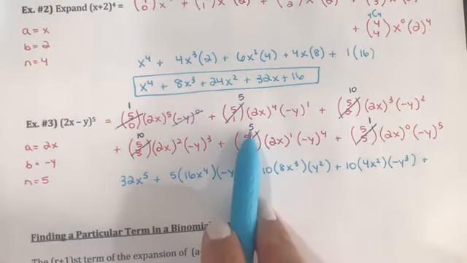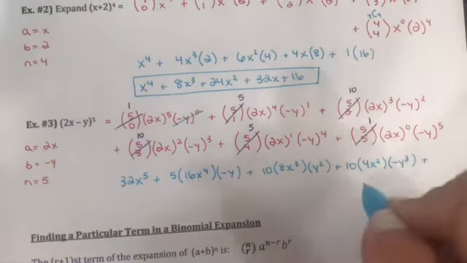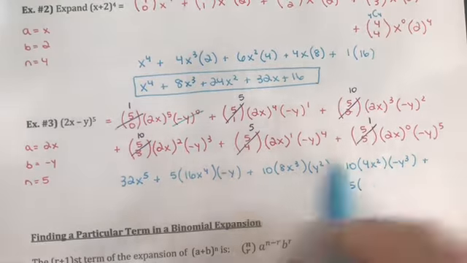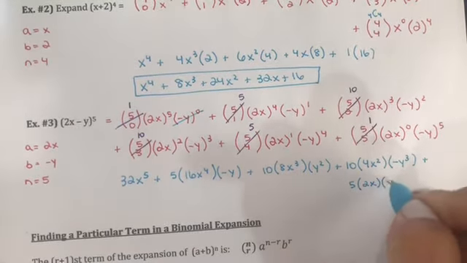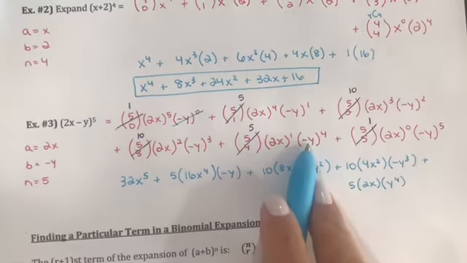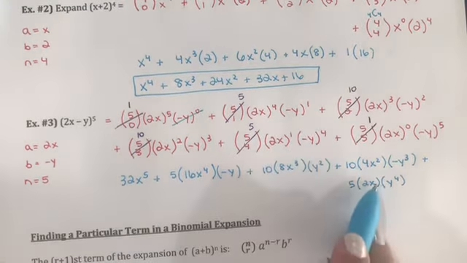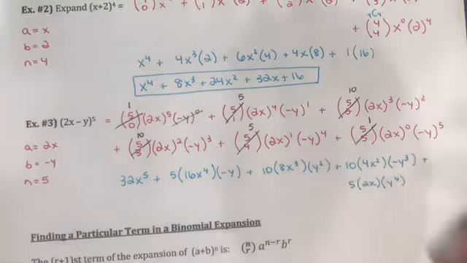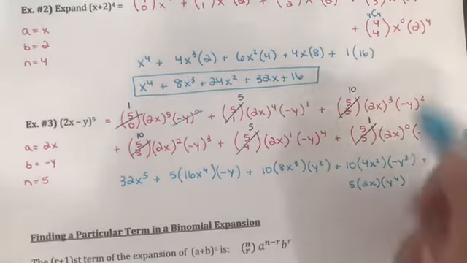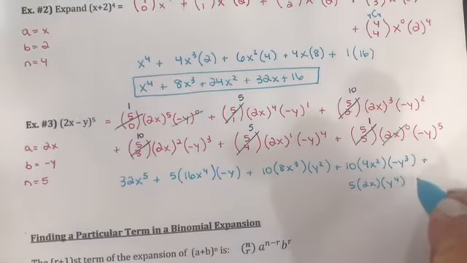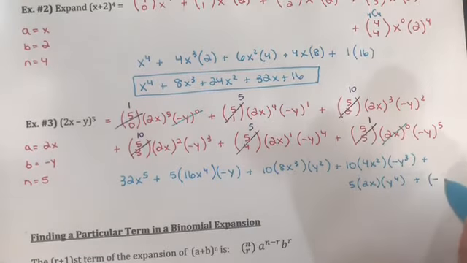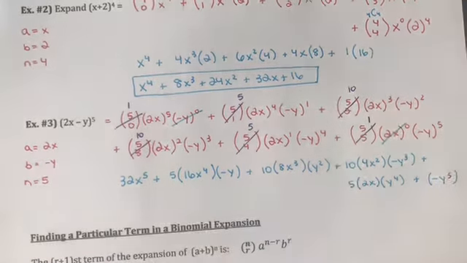Plus, now I have 5, we'll move down here, times 2x times y to the 4th. Again, raising a negative to an even power makes it positive. And finally, 1 times 1, and then we have negative y to the 5th.